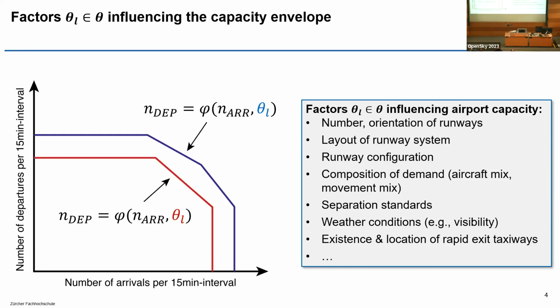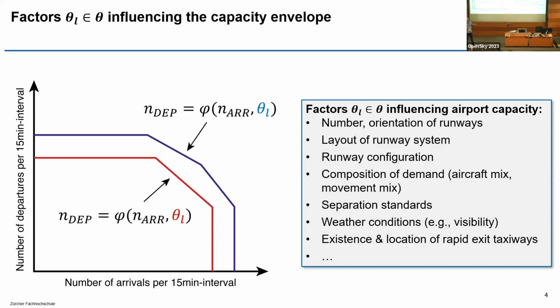Besides weather, there are other factors which are quite well researched in the literature, being the number and orientation of runways, for example, the layout of runways. For instance, you have airports where you have parallel runway systems, others have a cross runway system layout. Then you have a thing called the runway configuration. This is nothing but how the runways are actually used.